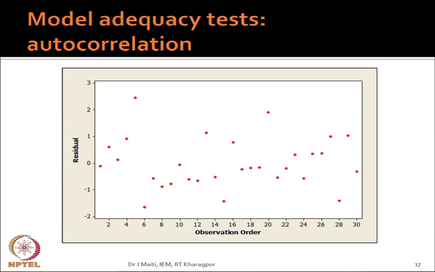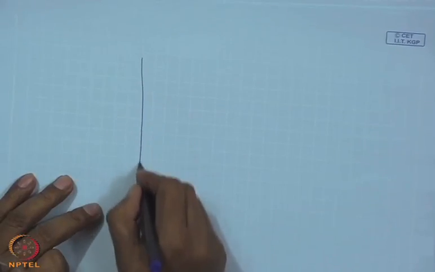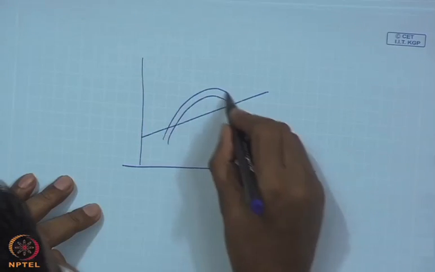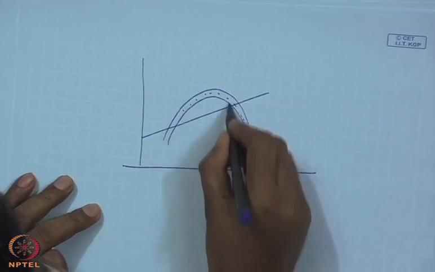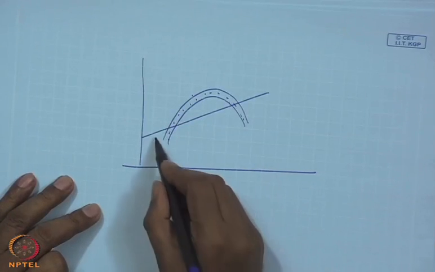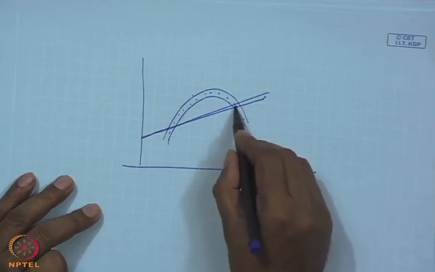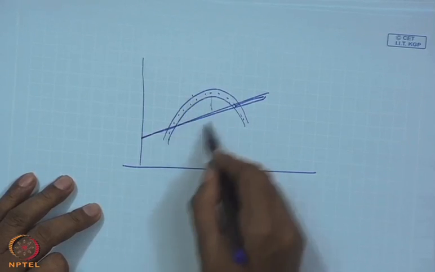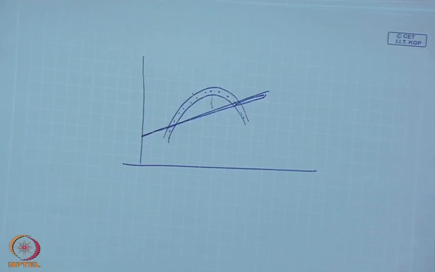In that case, when you fit a linear model like ANOVA, the entire non-linearity part will go to the errors. For example, you are fitting a linear model like this, but the data is like this. Ultimately you will capture this much, but this non-linearity part, where will it go? It will go to the error.